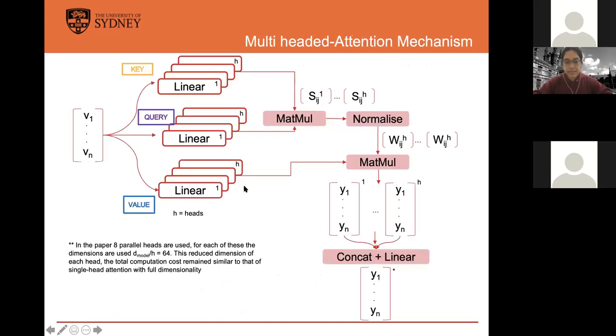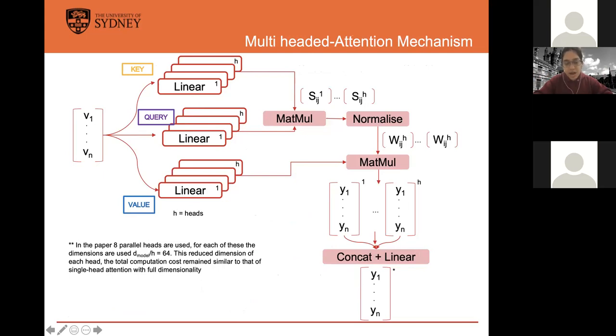Let me explain this a little more. If you recall the self-attention slide, it's exactly the same, right? But the difference is, instead of one key matrix, I'm using H key matrices. Instead of one query, I'm using H query matrices.